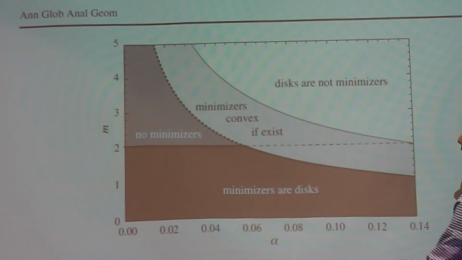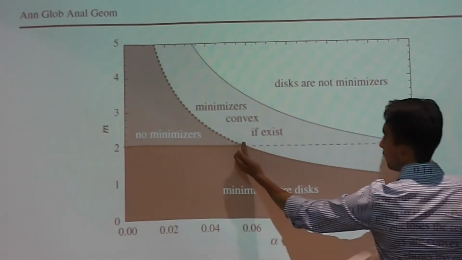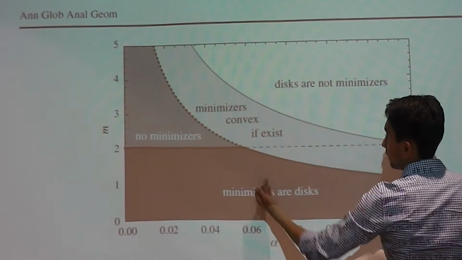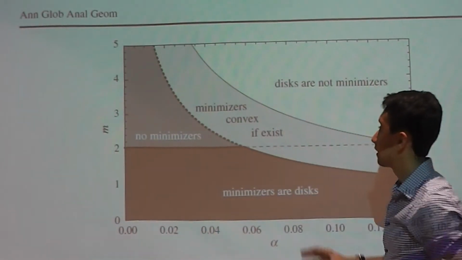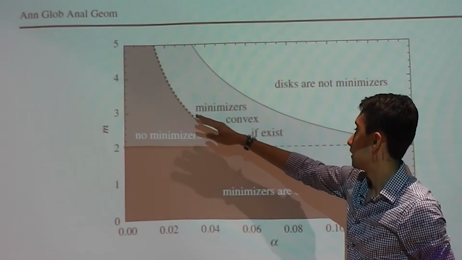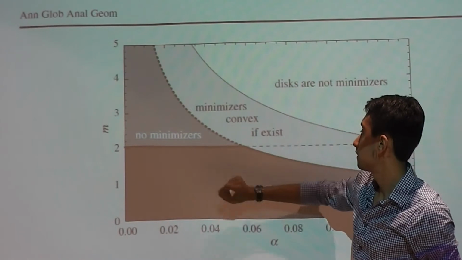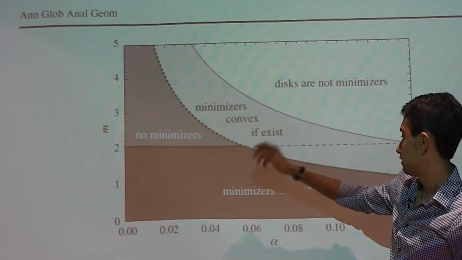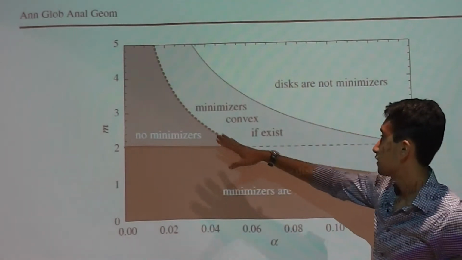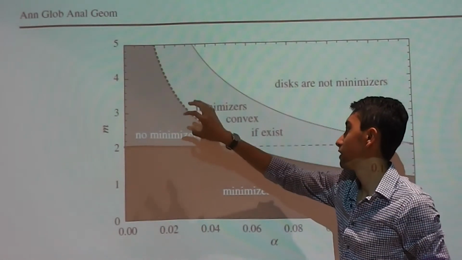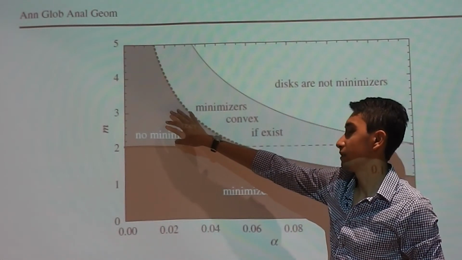If you look at this intersection, for alpha past this value, if there is a minimizer, it's below this curve, and it has to be a disk.